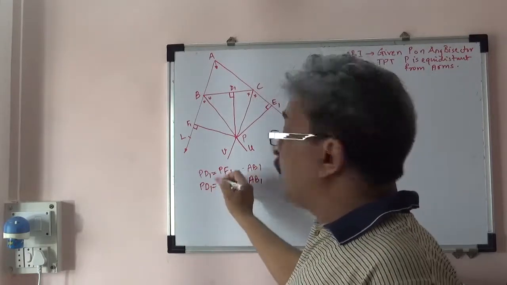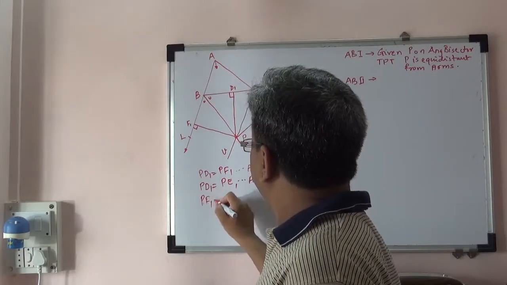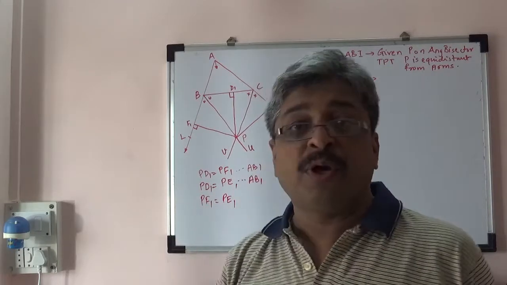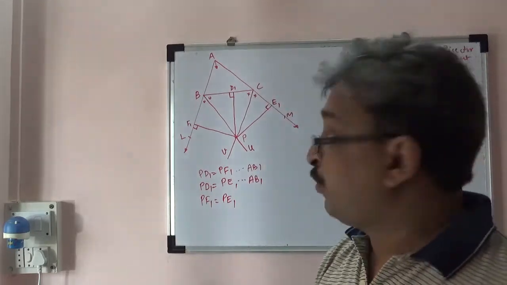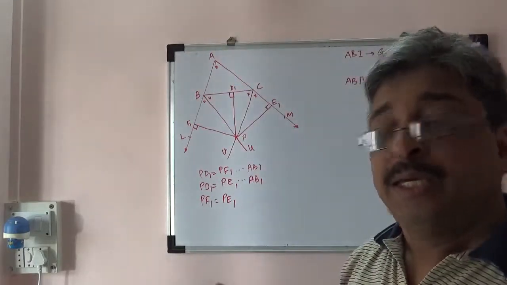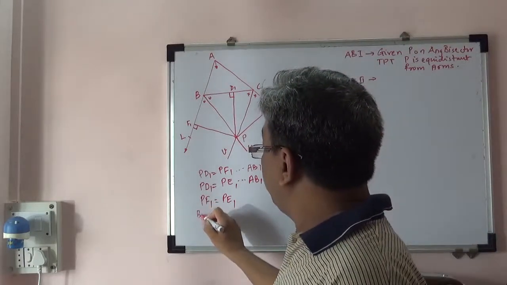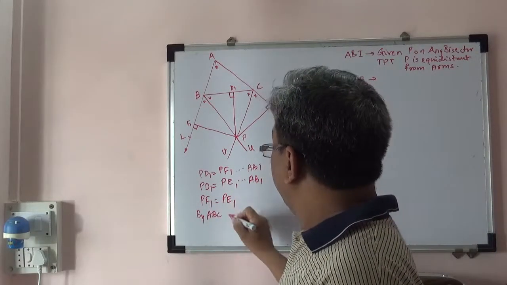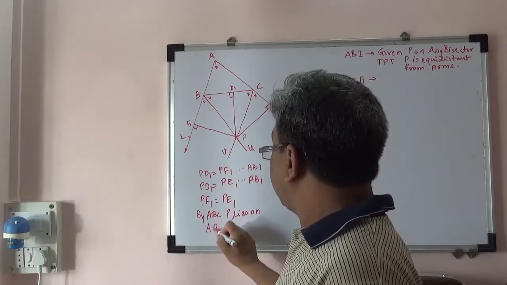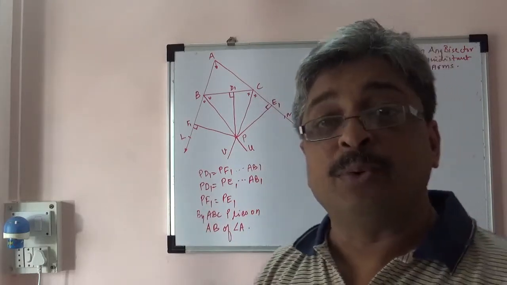Now, if we look at these two equations, we get PF1 is equal to PE1. So if a point is equidistant from arm AB and arm AC, that is what we got here, then by AB2, P lies on the angle bisector of angle A. This is how we get the proof.